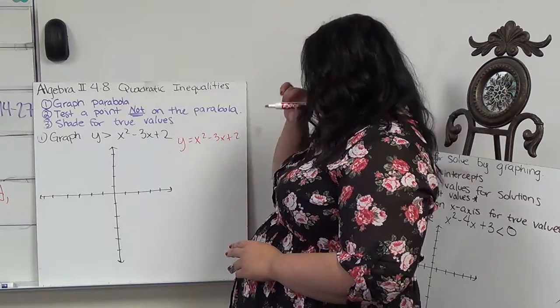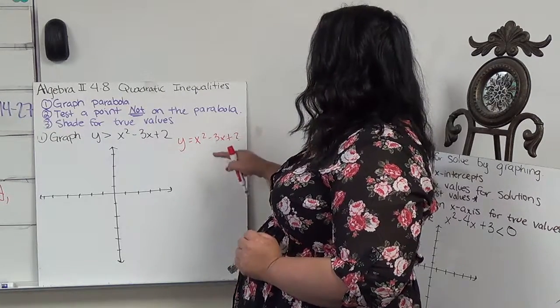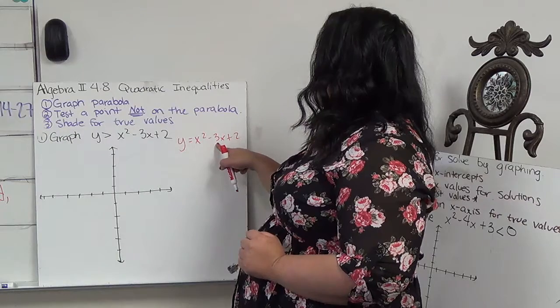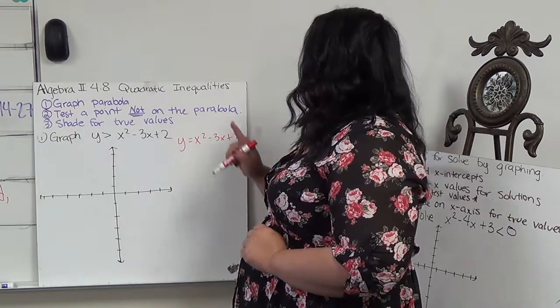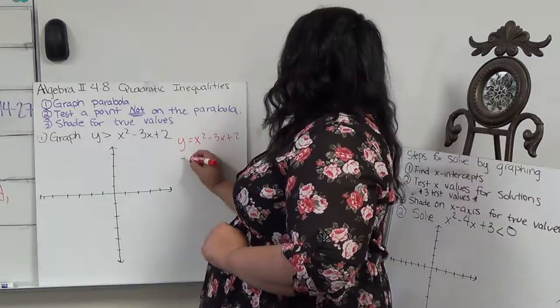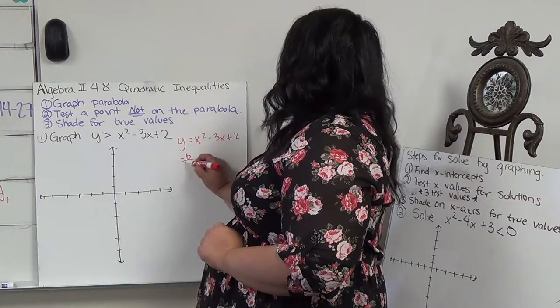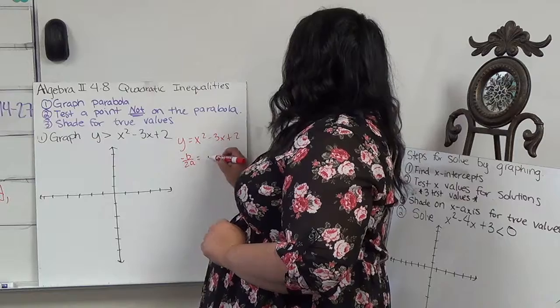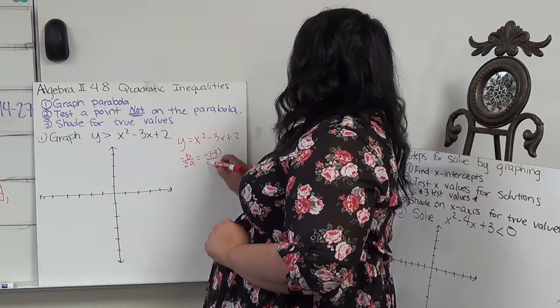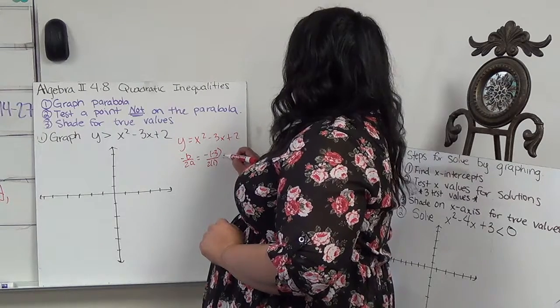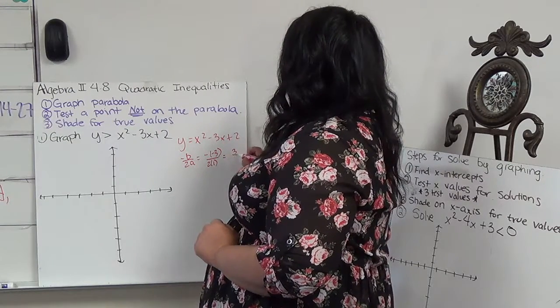I could put it in vertex form to find the vertex, but I already know that if I divide this by 2, it's going to give me a decimal, so I don't want to do that. Instead I'm just going to do negative b over 2a. So negative negative 3 over 2 times 1, which is 3 over 2.